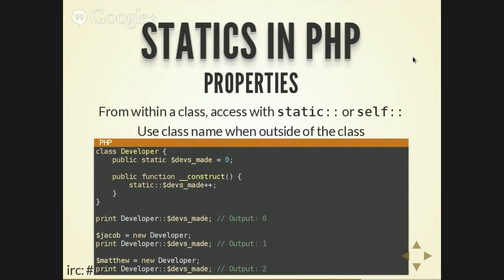And now Matthew goes to code school, and now developers made, that's 2. This is not associated with Jacob. This is not a thing about Jacob or about Matthew. This is about developers, the idea, the class, the concept of developers. So this is a static property. You can access it within the class, or because I made it public, you can access it outside the class as well.